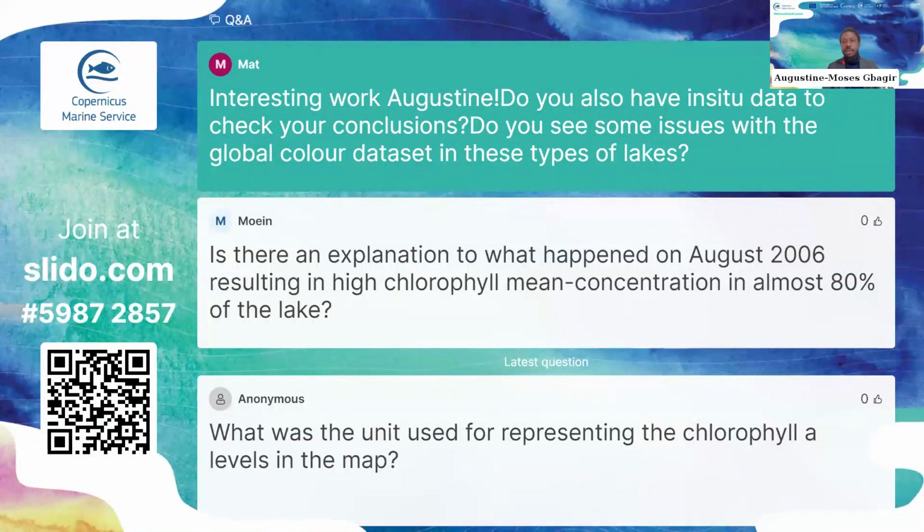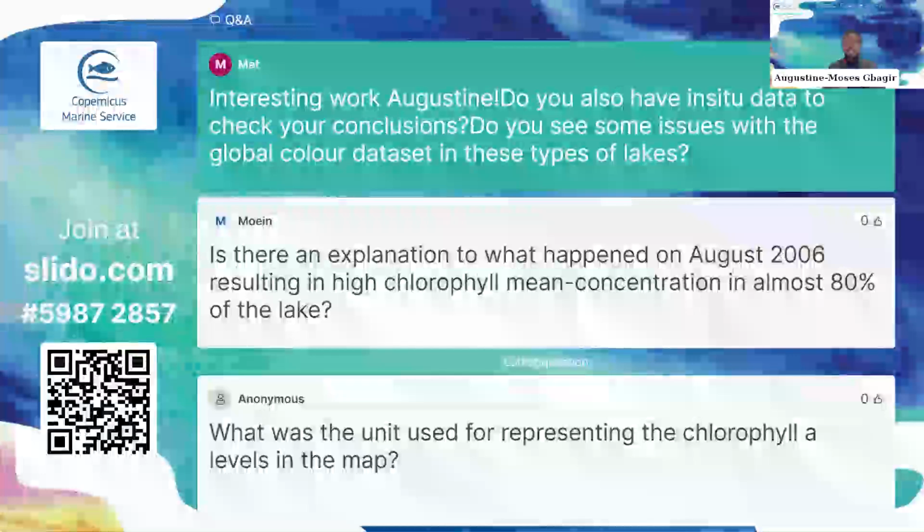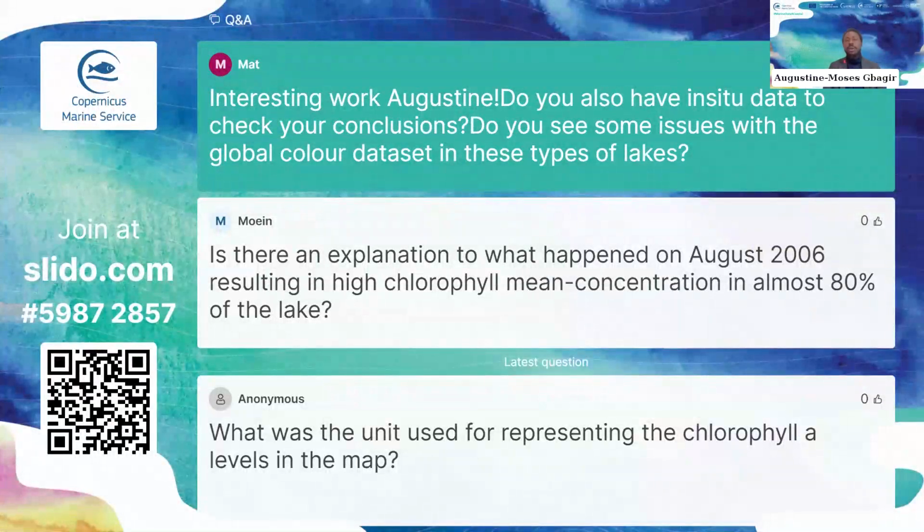So we use some data from past literature to validate our results. And I would say that the main issue with the global data sets is maybe the coarse nature, because the data set we use is 4 kilometer by 4 kilometer.